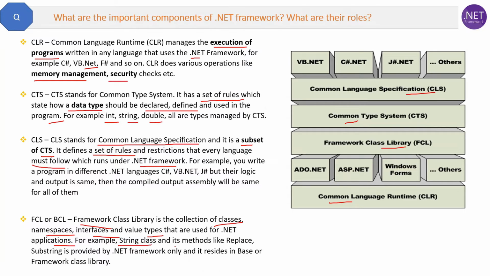So these all are provided by .NET Framework only. So these kinds of classes like a string class, and there are reflection class, and there are other classes also which are provided by the .NET, which are considered as framework class libraries. So that's it. These are the main components of the .NET framework.